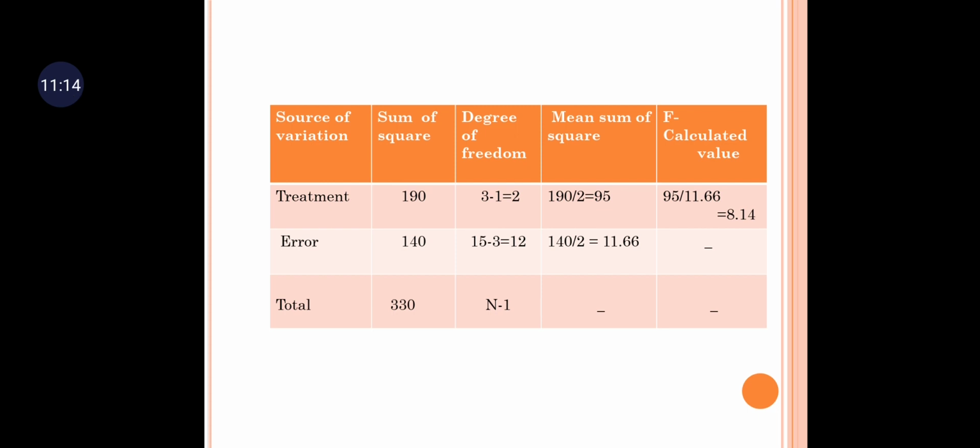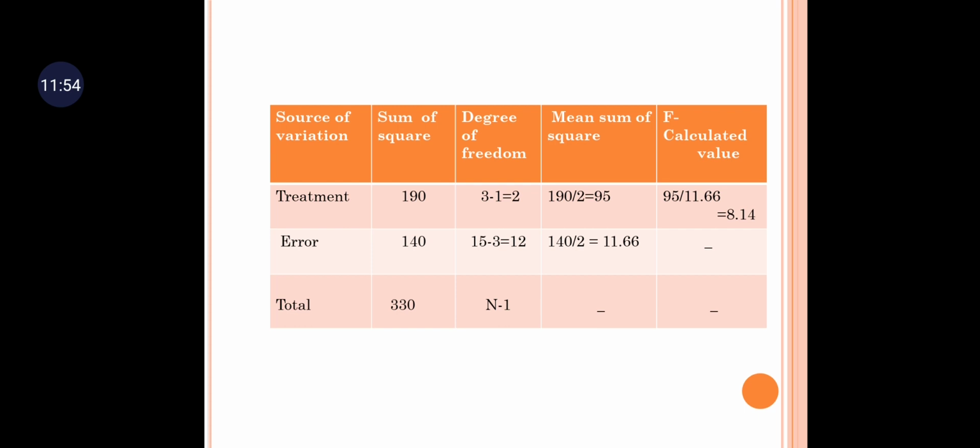This is for the ANOVA table. We handle treatment, error and total. The treatment sum of squares is 190, the error sum of squares is 140, and the total sum of squares is 330. Degrees of freedom for treatment is t minus 1, where t is the number of treatments. There are 3 varieties, so 3 minus 1 is 2. For error it is n minus t.